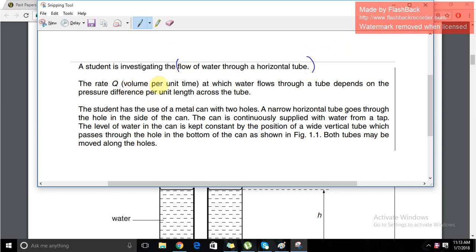And the rate, that is the volume per unit time, that the volume of water that passes through the horizontal tube per unit time depends on the pressure difference per unit length across the tube. Interesting. Pressure difference per unit length across the tube. And the earth stuff isn't all that important.